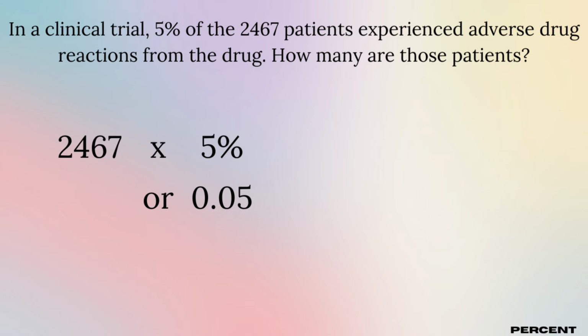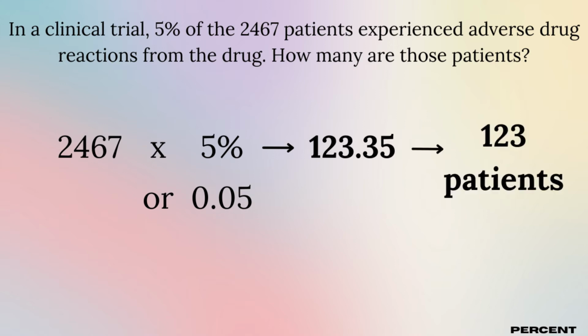Multiplying the two values, we have an answer of 123.35. Guys, be mindful ha, walang tao in decimals, which is why sometimes the answers for these types of questions involving patients or numbers of people, depende sa trip ng prof nyo ha, are written in whole numbers. We therefore have 123 patients who experienced adverse reactions from the drug.